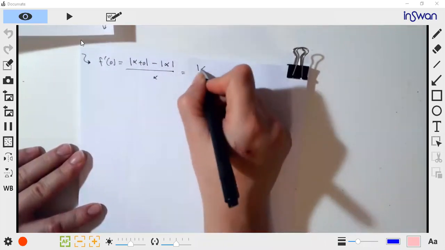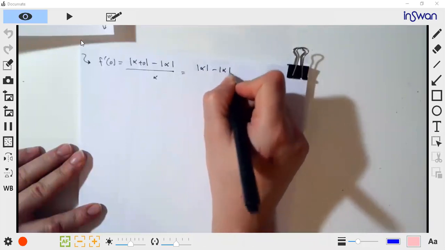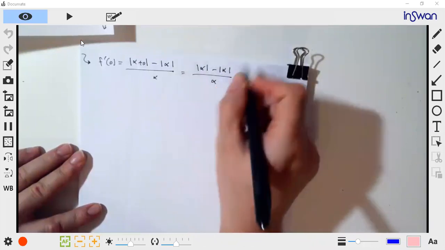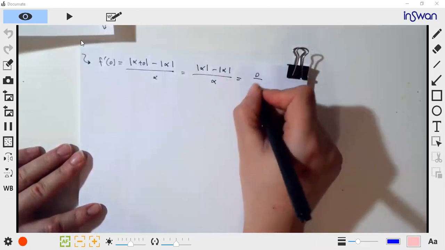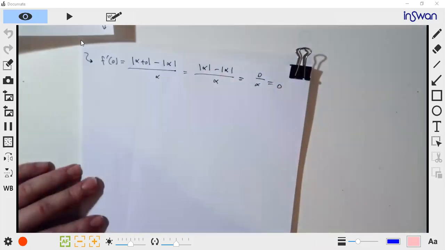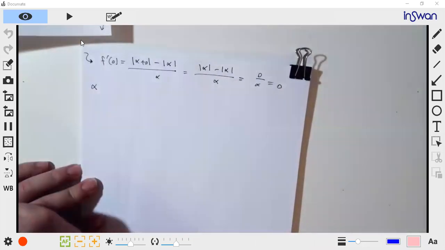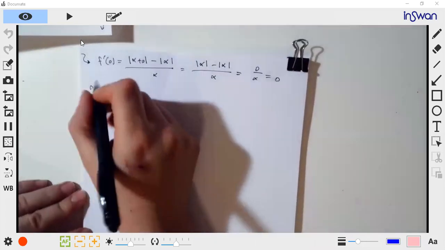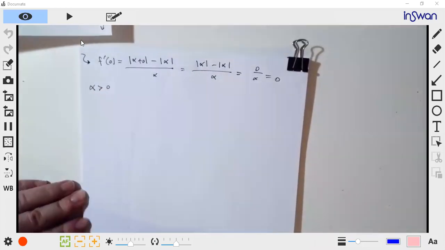So this ends up becoming absolute value of alpha minus absolute value of alpha all over alpha, which you could say is, oh, that's 0 over alpha. That should equal 0, right? So the derivative should exist, right? Not so fast. Notice that alpha is an arbitrary infinitesimal number. So it's either positive or negative.